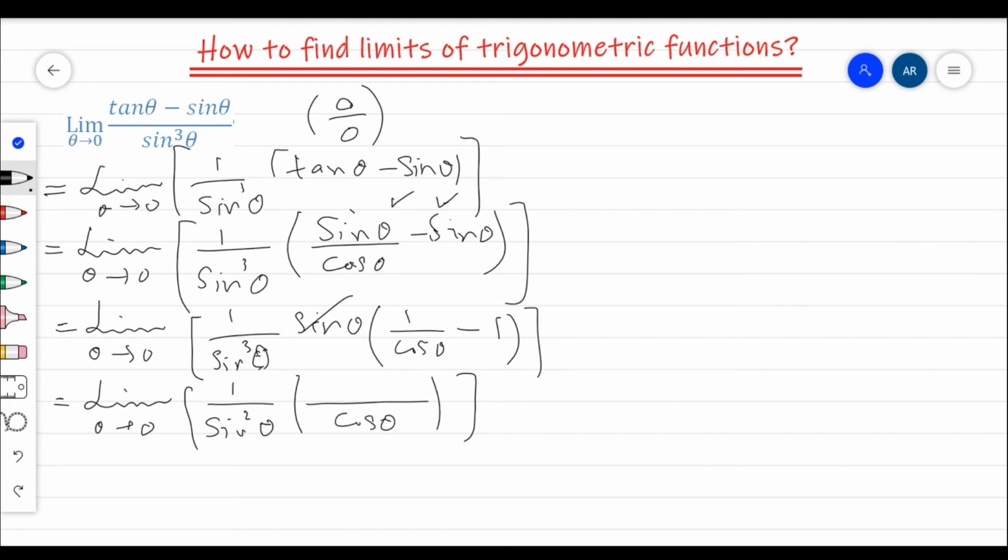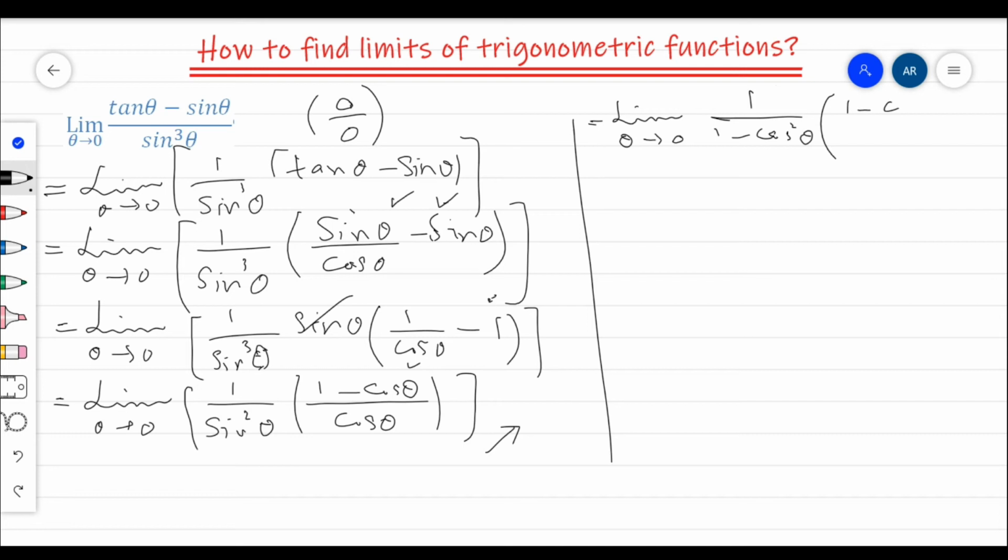So cos of theta in the LCM, 1 as it is, negative sign as it is, and cos of theta: 1 minus cos of theta by cos of theta. Now limit theta approaches 0, sine square theta.